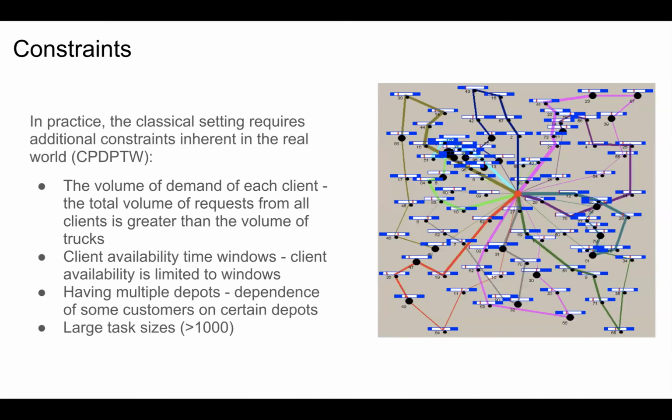In practice, there are business-related requirements, like real-world constraints and restrictions. For example, the volume of customer goods should not exceed the capacity of the fleet of vehicles. Time windows for delivery: goods should be delivered at a convenient time.